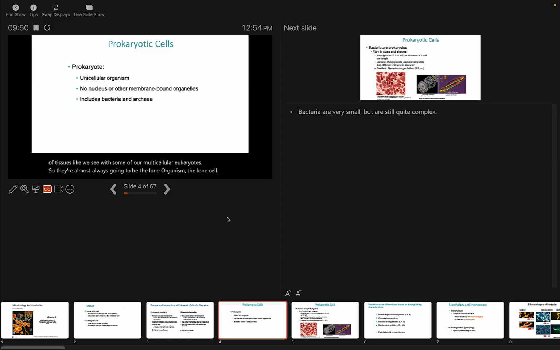They may be in a community, but each individual cell is its own full organism. Again, they don't have a nucleus or other membrane-bound organelles. And the term prokaryote includes both bacteria and archaea, though we classically focus on bacteria in a class like this because they're far more common.